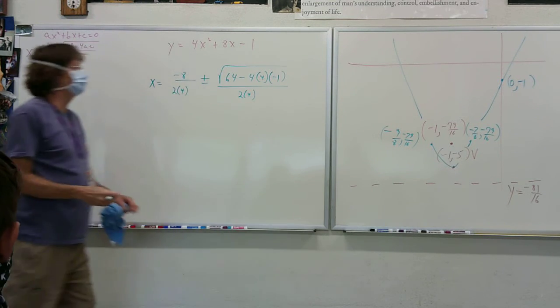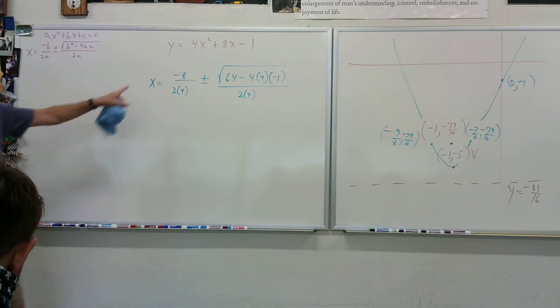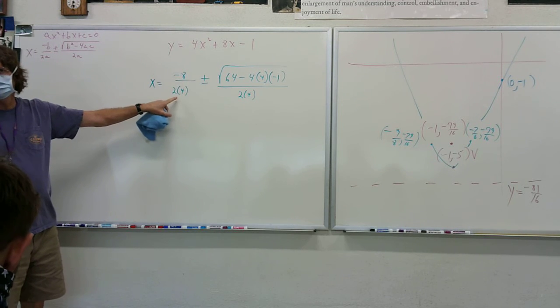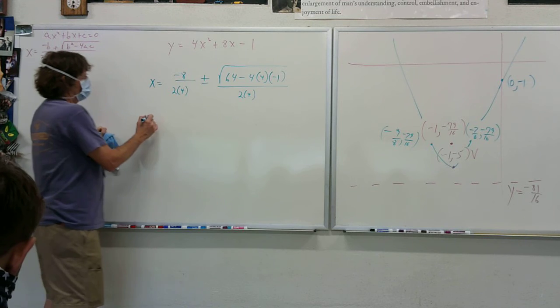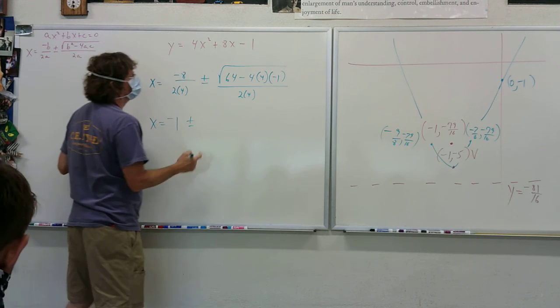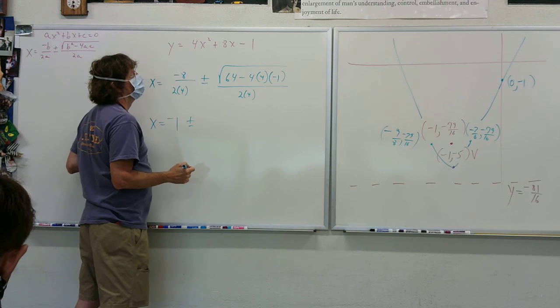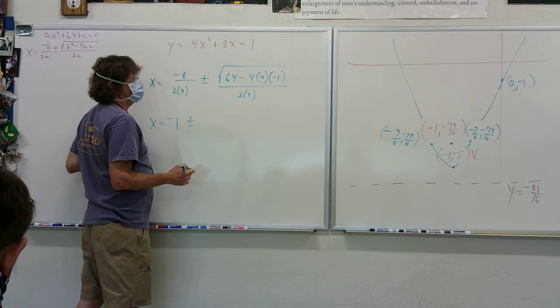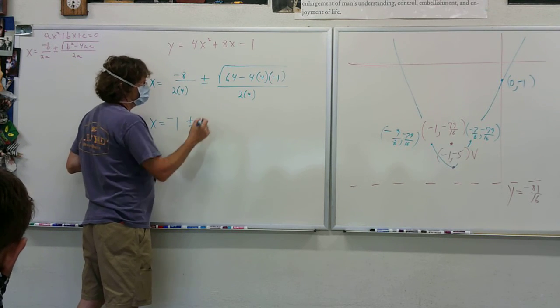I just like the idea that this is going to give me my what? Axis of symmetry. So I'm going to get x equals negative 1 plus or minus the square root of 80.